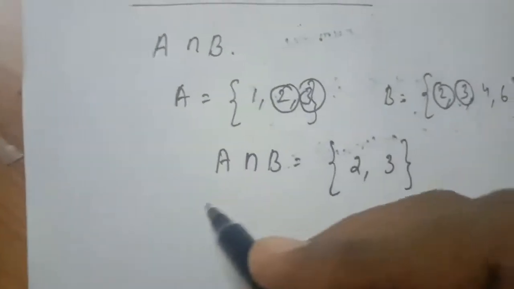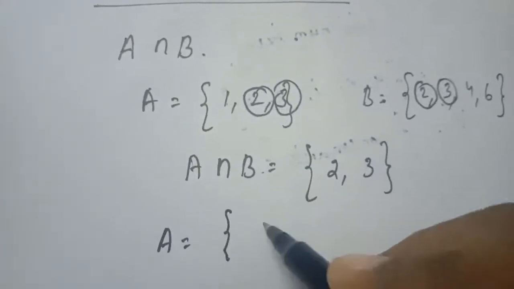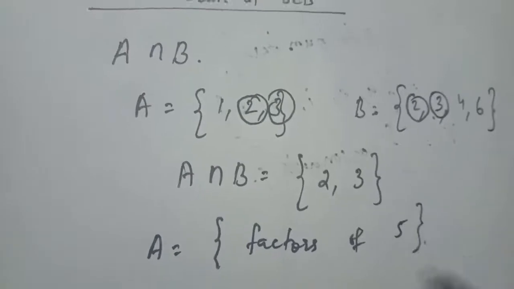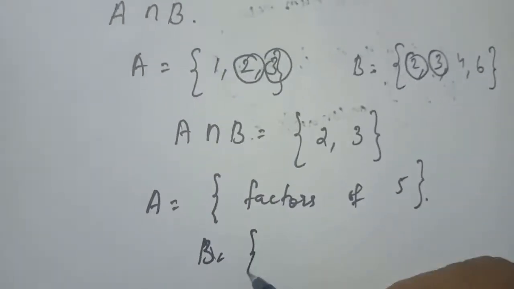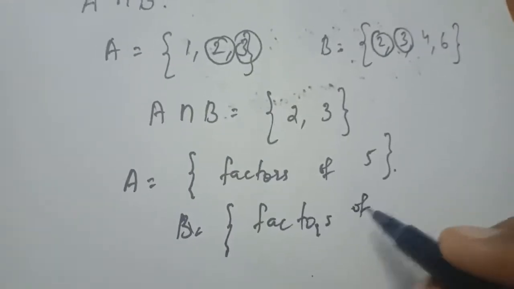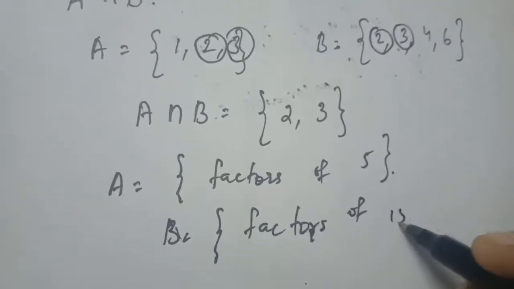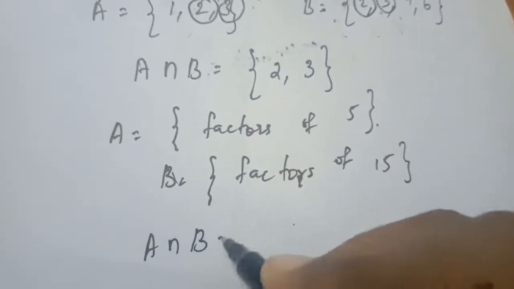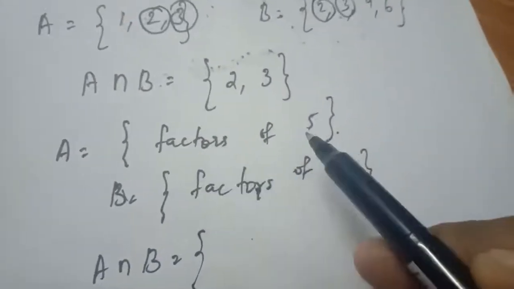Okay, next if A is equal to set of factors of 5, then B is equal to set of factors of 15, then A intersection B will be, here the description of the set is given.